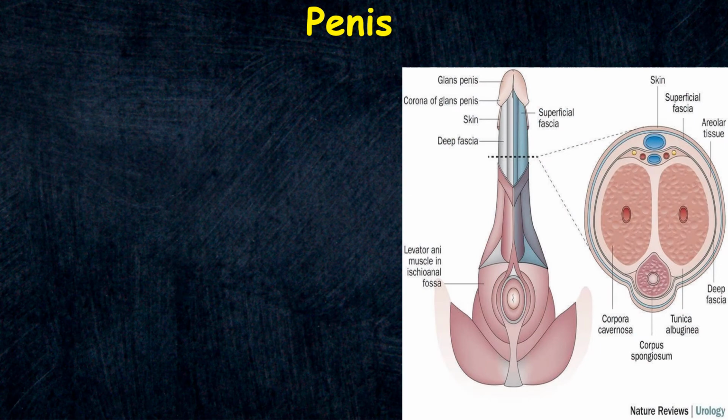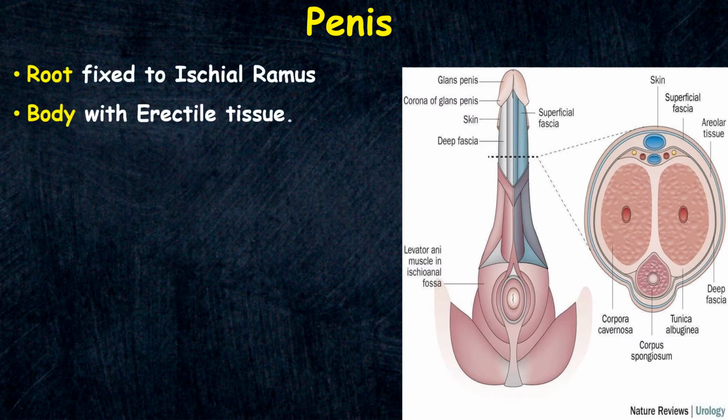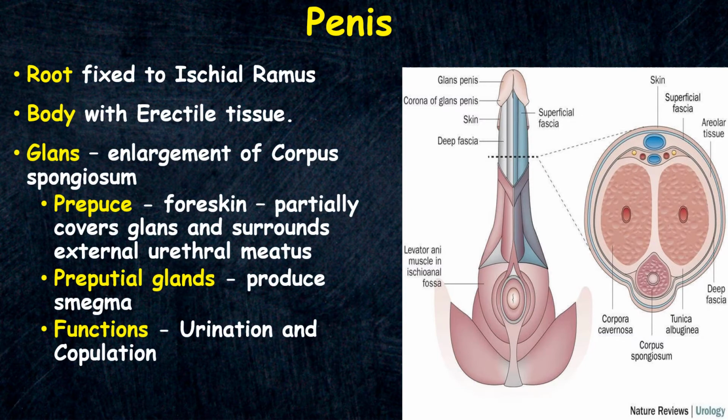The penis is an organ for the discharge of urine and for the deposition of sperm into the vagina during copulation. The penis can be divided into three parts: the root, which is fixed to the ischial ramus, then the body, where the erectile tissues are present, and then the glans penis, which is the enlargement of the corpus spongiosum.